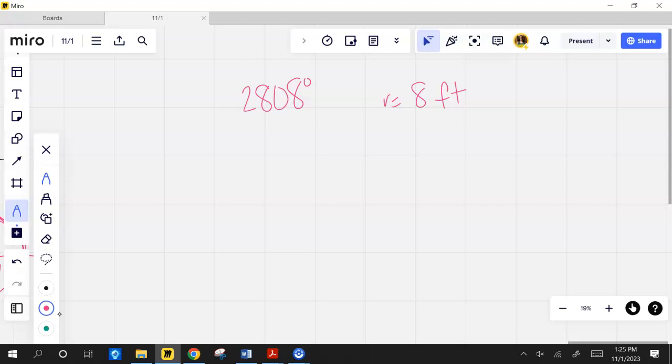How many feet did you ride around the circle? How many complete rotations did you make? I know I made 7 complete rotations, right? It's got to be in radians, remember?